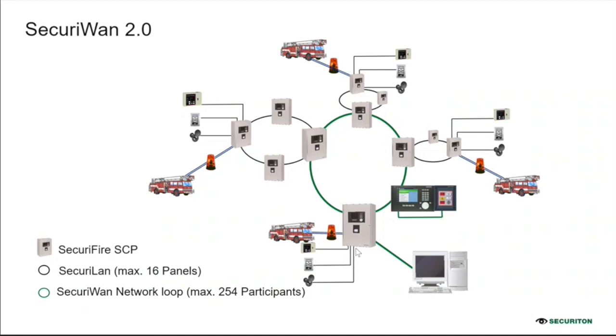It's like a standalone panel, and we just use it as a main panel. That means all the information we get through the SecuriLAN is transmitted to the main panel and eventually to a supervisor, to a PC with the software, and as well to the fire brigade, sirens and whatever.